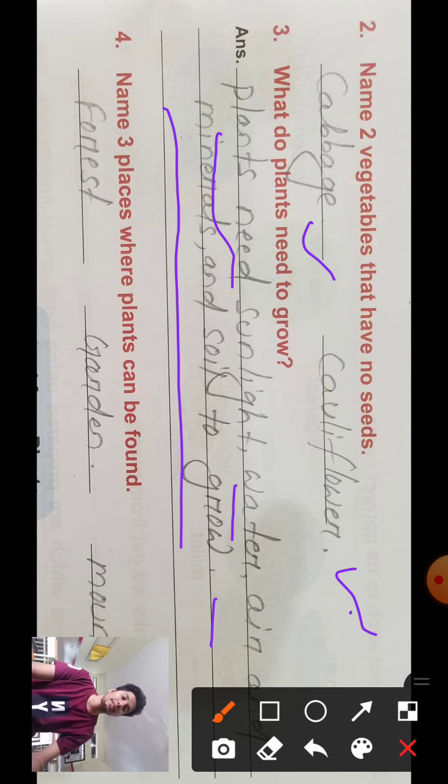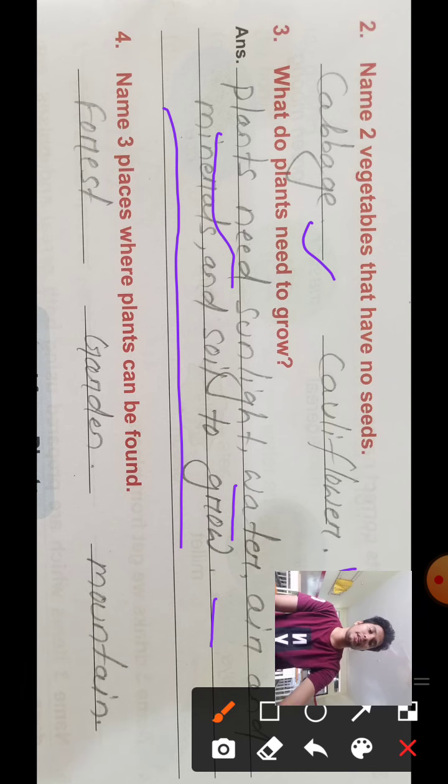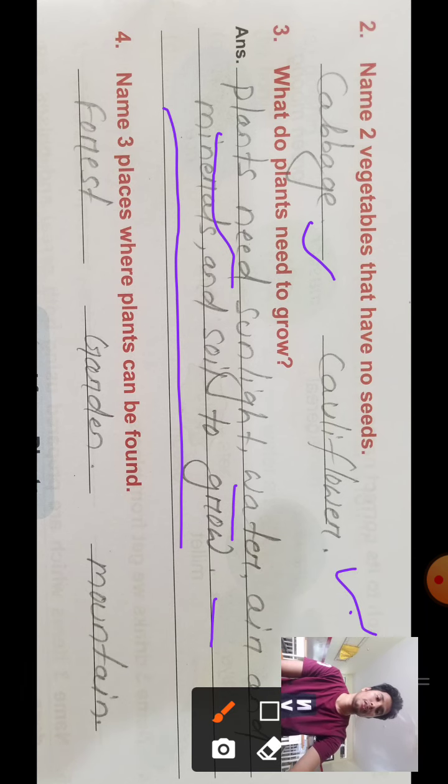That is, the first one is forest. Okay, the second one is garden, the third one is mountain. In these 3 places you can find a huge amount of plants. Yes or no students? Yes, in these 3 places, especially forest, garden, mountain, you will find many different types of plants.